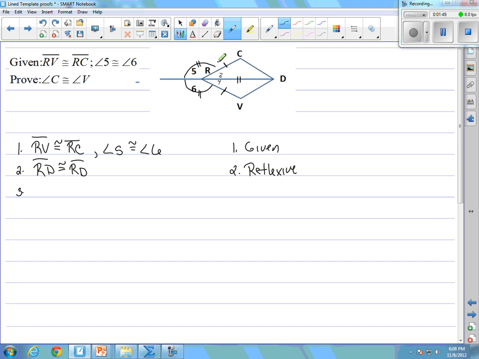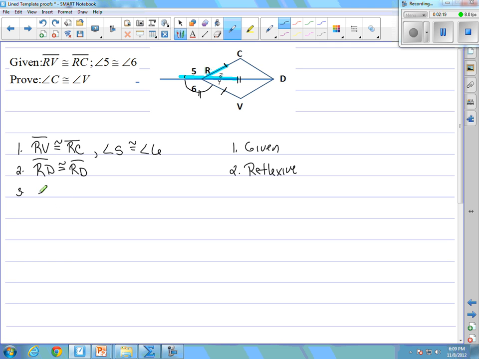We want to look at this picture, and we can recognize that angle 5 and angle 3 are a pair of adjacent angles that form that straight line. Okay? And when we have adjacent angles that form straight lines, our angle addition postulate tells us when two angles are adjacent and they form a straight angle, which we refer to as a straight line, then their sum is 180 degrees.